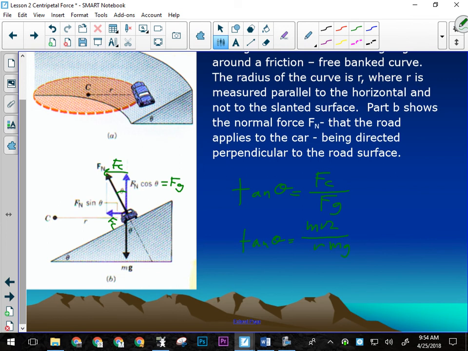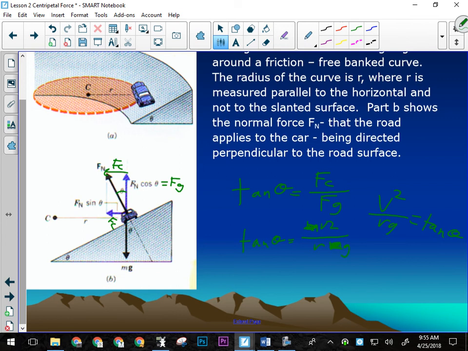What happens to the m's? They're going to cancel. There's our bank curve formula: the tan of theta equals v squared divided by r times g. This is the formula that a road planner would have to use to calculate their banking angle for the curve.